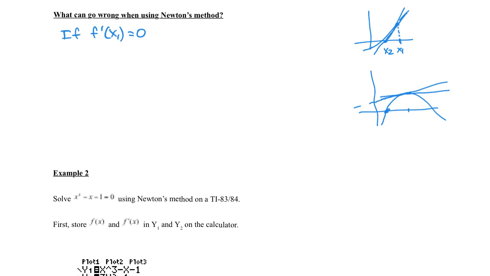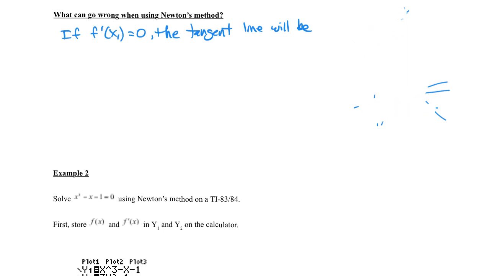So if the derivative is 0, the tangent line will be horizontal.